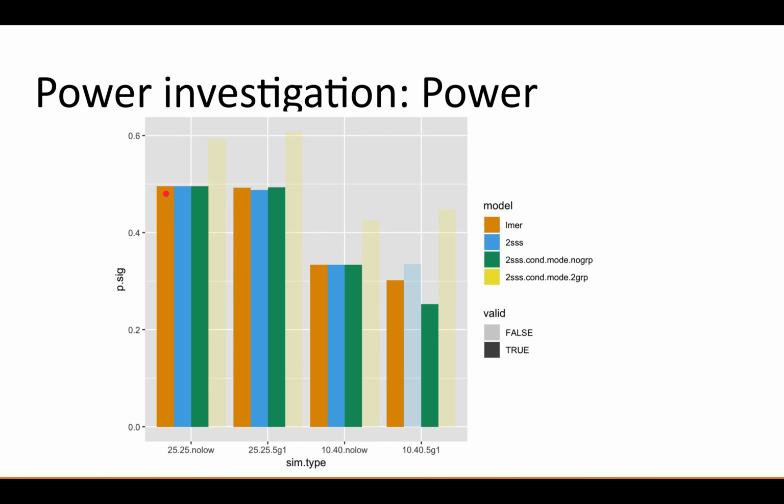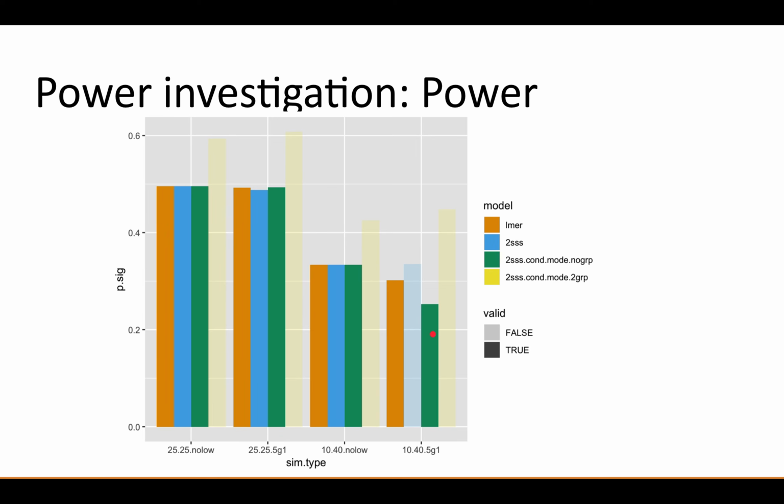But otherwise, we can see the power is very similar across the other approaches. Here, we have a big loss in power between the mixed model and the two-stage summary statistics approach using the conditional mode without group in the model.